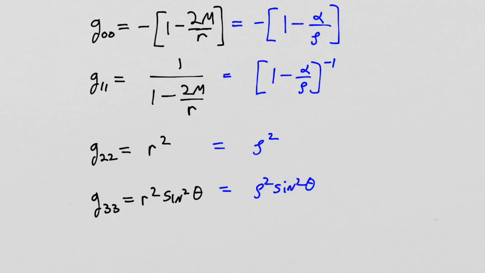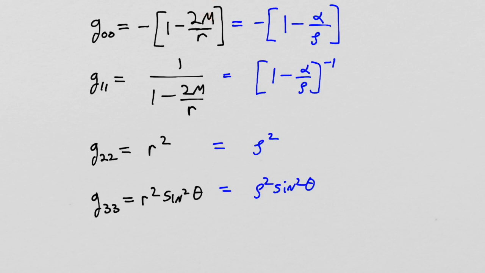All right, so when we break down our metric components, these are the only ones that survive, the diagonal ones. And a typical analysis of this problem will give you the 0, 0 component to be this expression here, the opposite of the quantity 1 minus 2m, which is a constant, over r, where r is the radial coordinate.